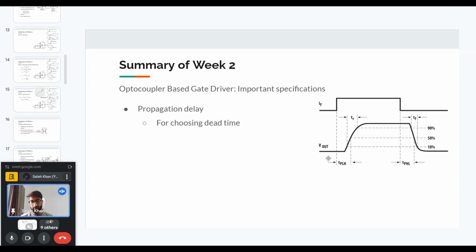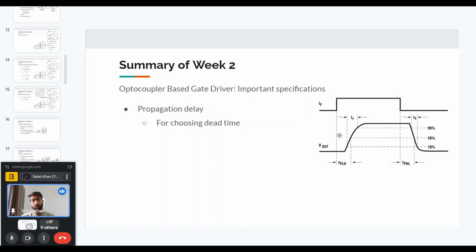It will take some delay time, and then it will take some time for the output to rise. Similarly, when the input of the optocoupler turns off, it will take some delay, and after that delay, it will take some time for the voltage to fall. So this is the propagation delay and the rise and fall time delay.